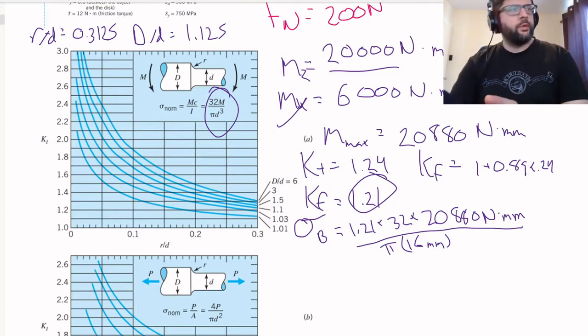Okay, so 1.21 times 32 times 20,880 Newton millimeters divided by pi times 16 to the third.